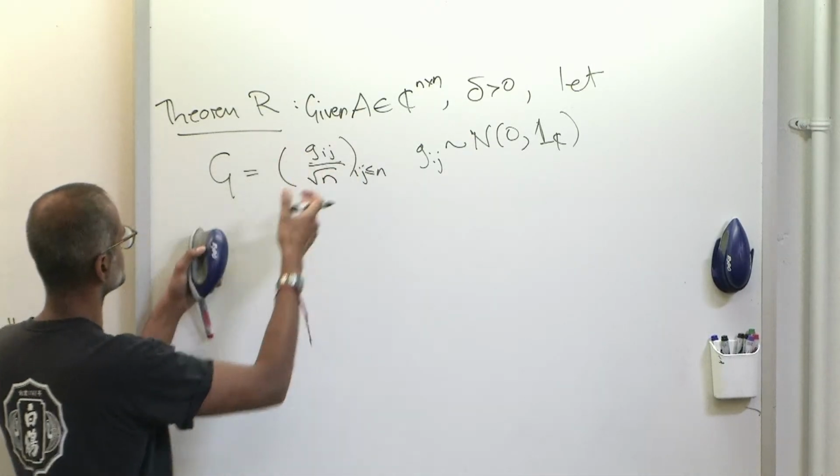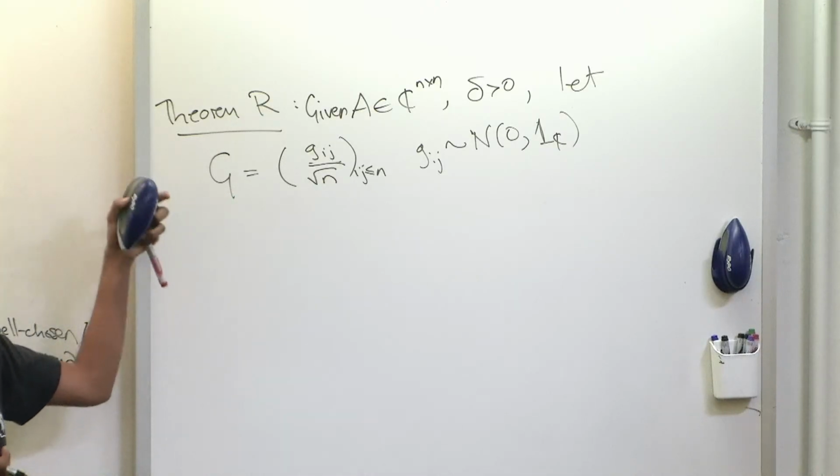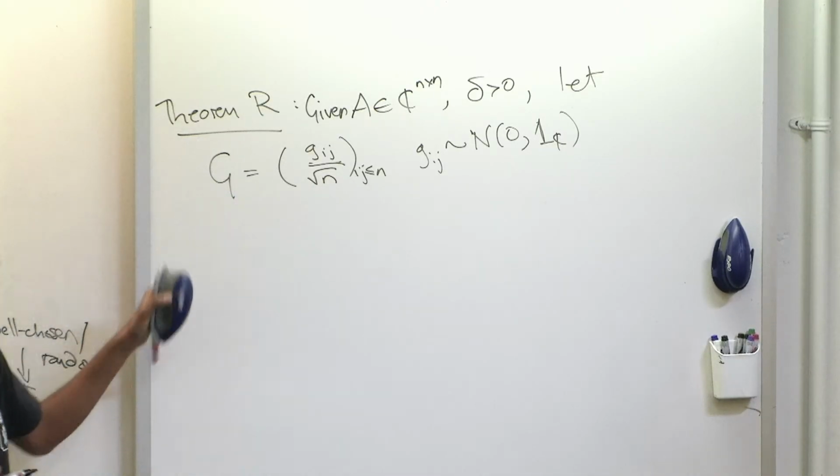This is the right normalization that makes this thing have norm order 1 in expectation.